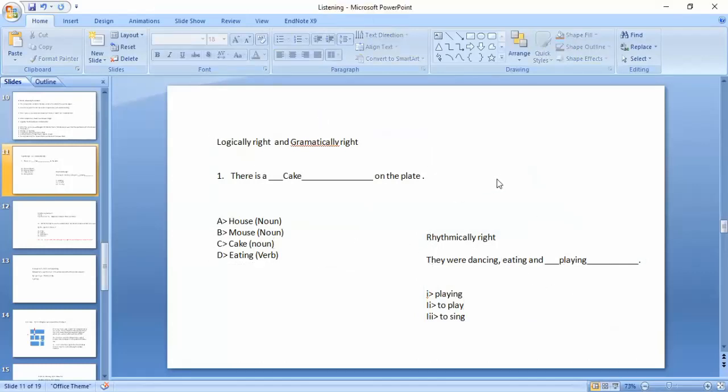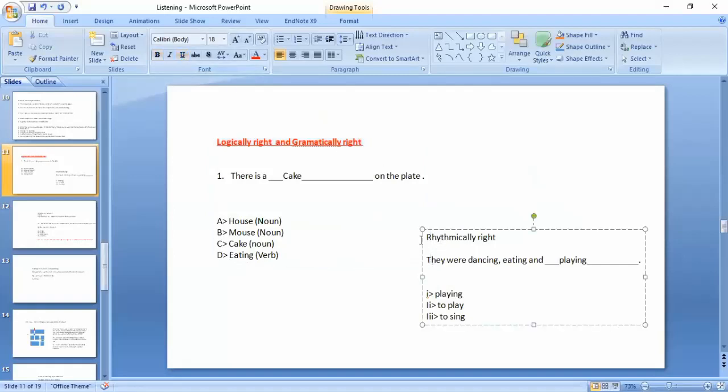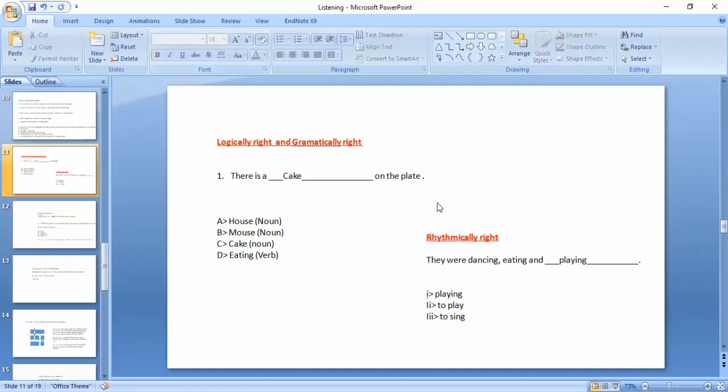So in this way, you should ensure that your answers are, number one, grammatically right, number two, logically right, and number three, rhythmically right. If your answer in the blank passes this litmus test, then you should be sure that your answer is 100% correct.